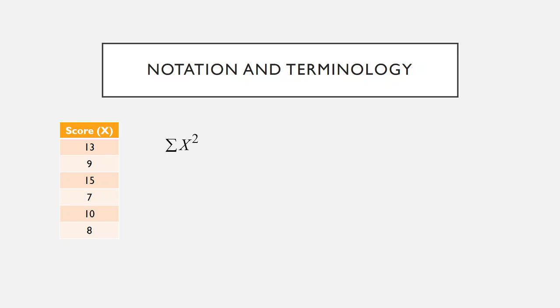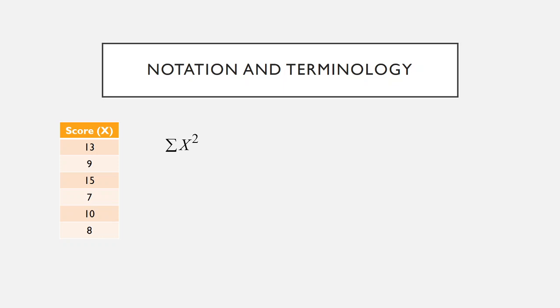Now you might see something like this. You actually have two commands present within this sigma X squared. You want to be really careful here, because here's where it starts to get tricky. Looking at that single term, you have two things that you need to accomplish, a squaring and a summing.